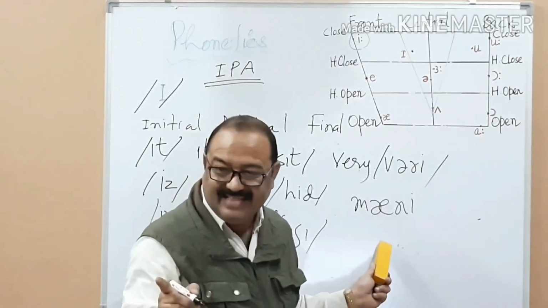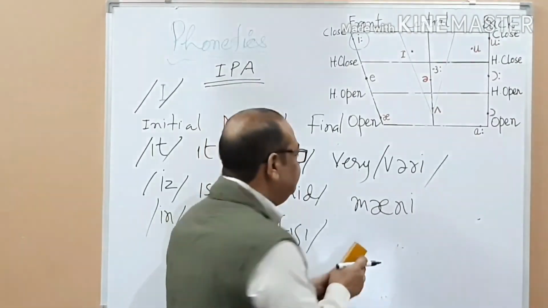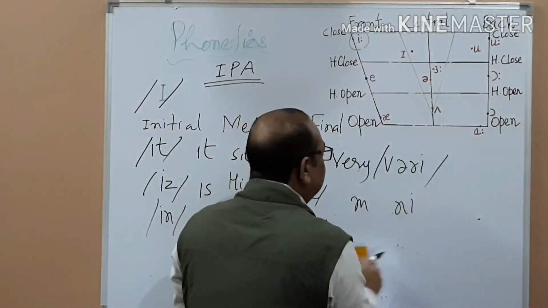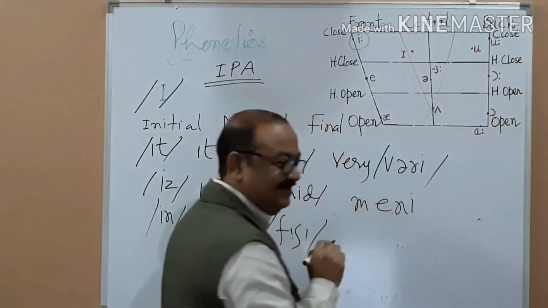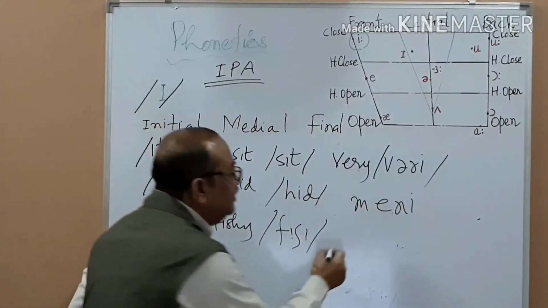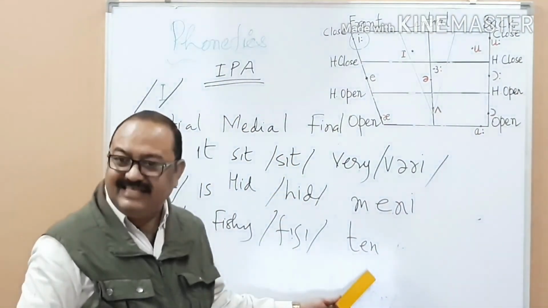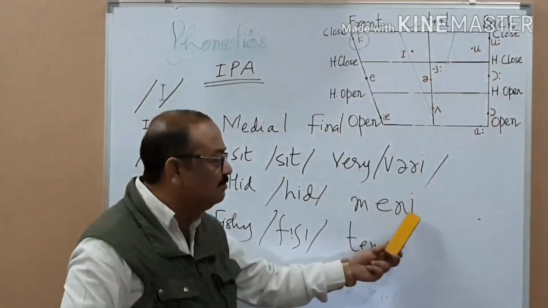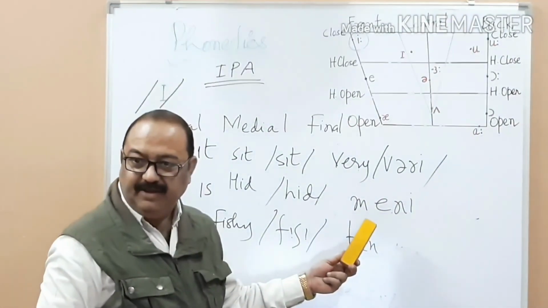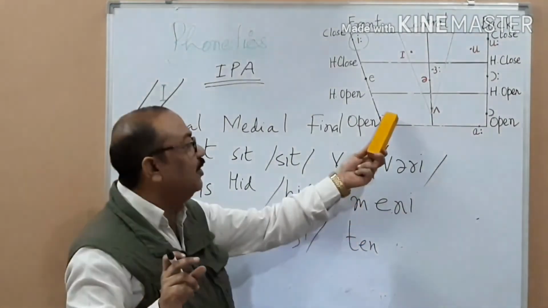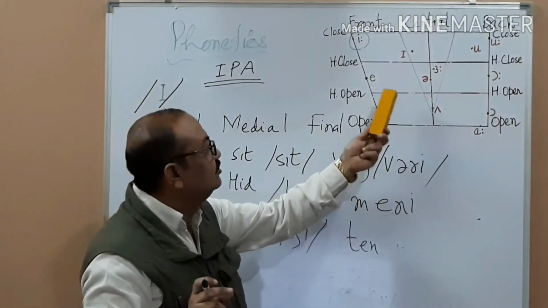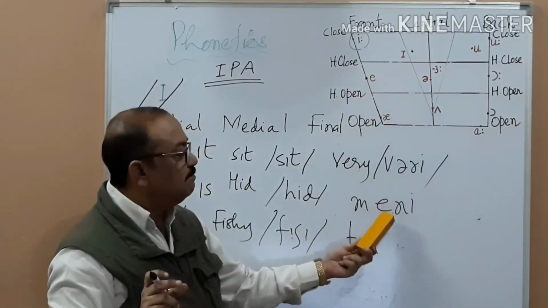We don't call it many, we call it many. Why? The same sound you have here, ten. This is not ten, this is ten. It's not a broad sound. Here you have air, but this is this sound. Many.